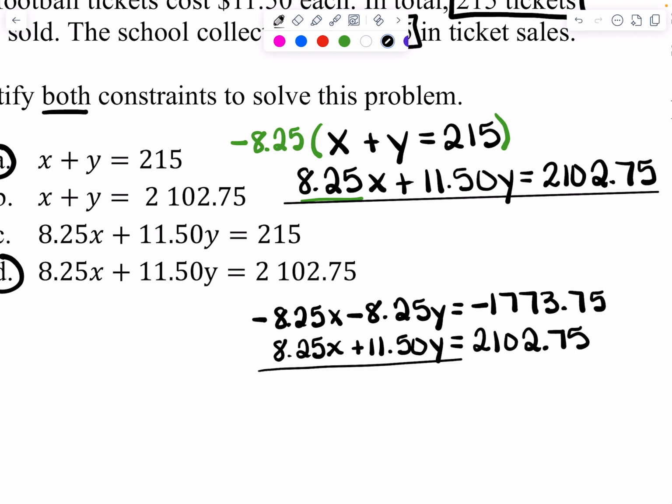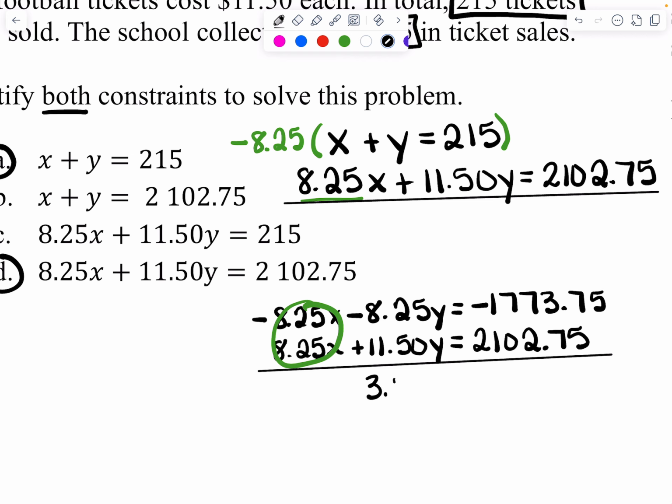Remember to put our equal line since we're combining these two. Negative 8.25x and positive 8.25x gets eliminated. Negative 8.25y and positive 11.50y.